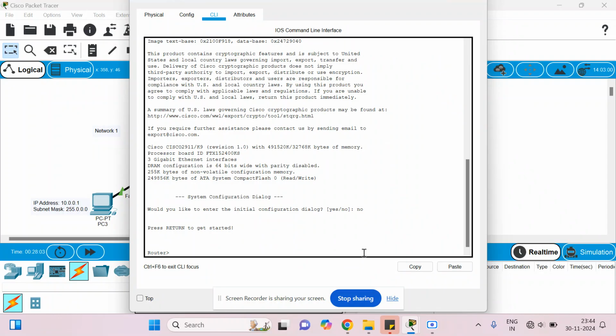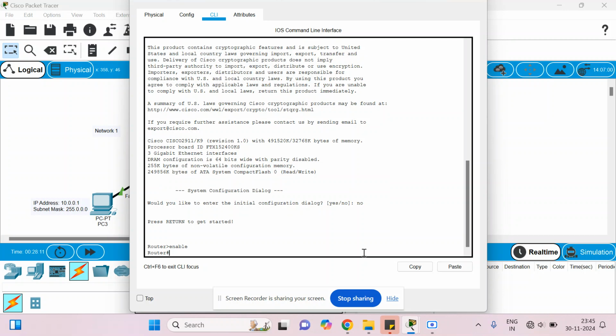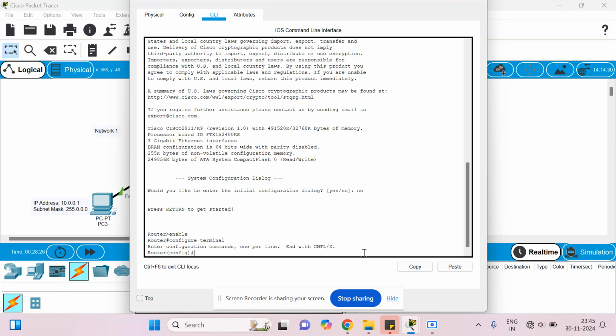Router, this greater than sign means we have to enable it and enter into the privilege mode. So I write enable; router hash is the privilege mode. Here we have to write configure terminal so that we can enter into the global configuration mode of the router. So I write configure terminal.